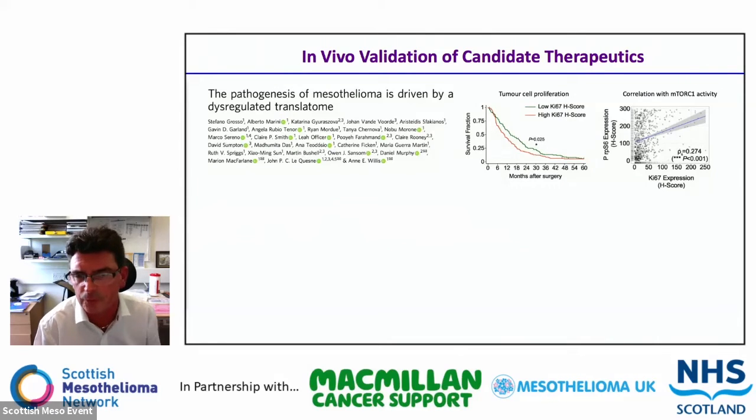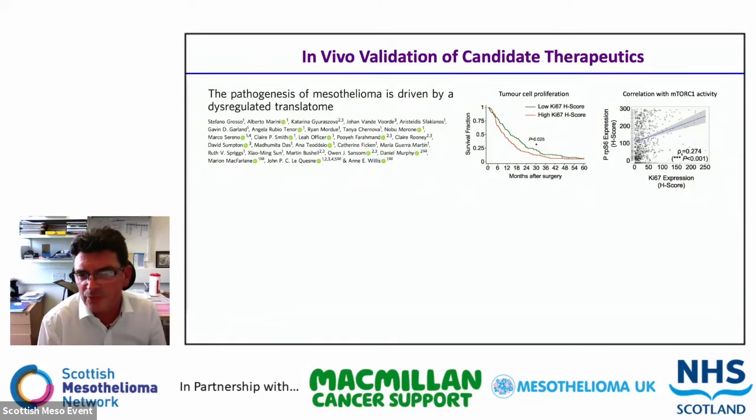This is a marker of proliferation. The patients whose tumors had higher rates of proliferation did worse than the patients with lower rates of proliferation. And that seems to be obvious, but it wasn't necessarily a given.